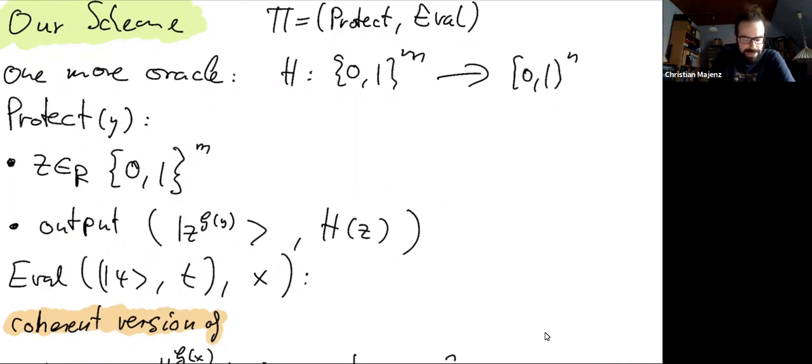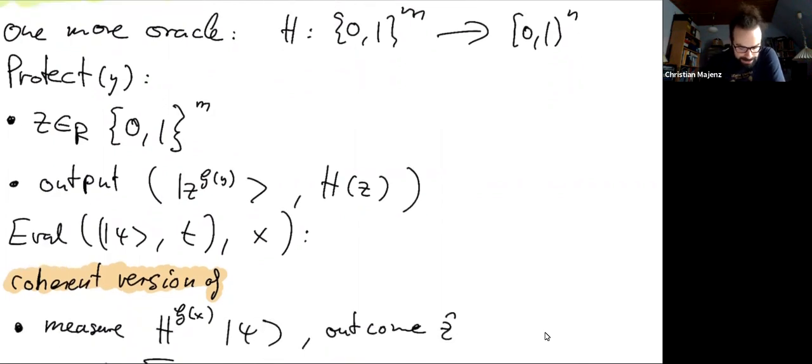First, we sample a random string z of n bits, and then we output, as before, this random string encoded in the BB84 basis specified by G of y. But now, instead of providing z, we actually provide the hash of z. So we're kind of hiding z, but in a recognizable way.